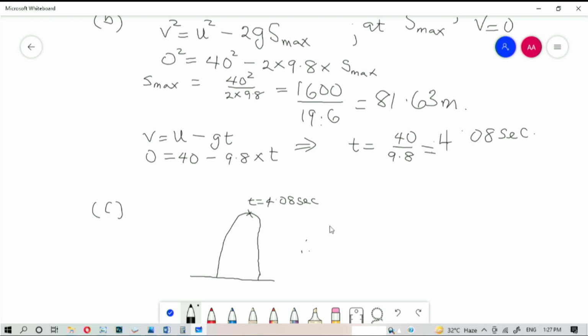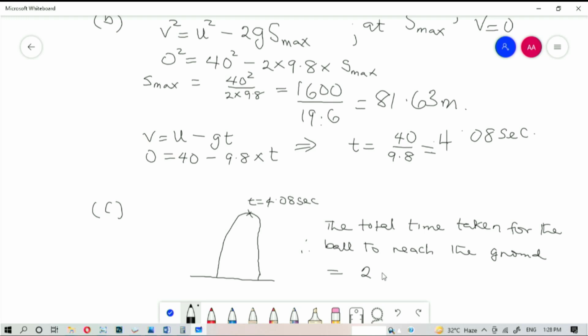Therefore, the total time taken for the ball to reach the ground is equal to 2 times t, which is 2 times 4.08, and that gives us 8.16 seconds.